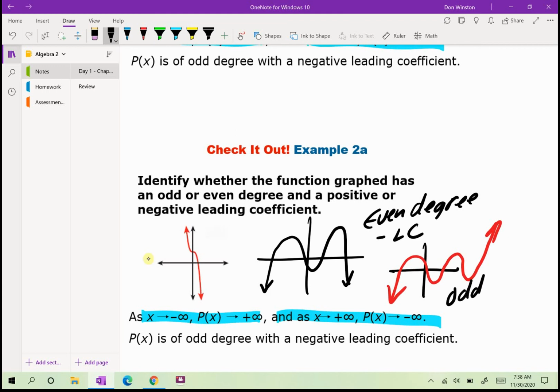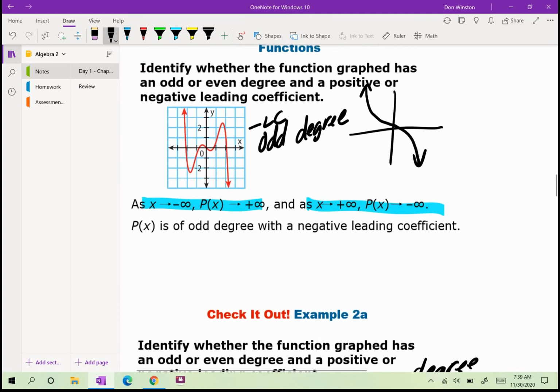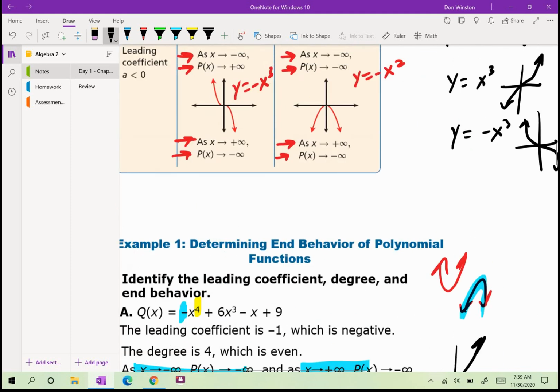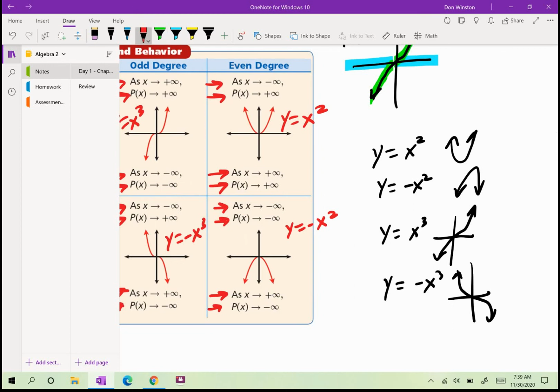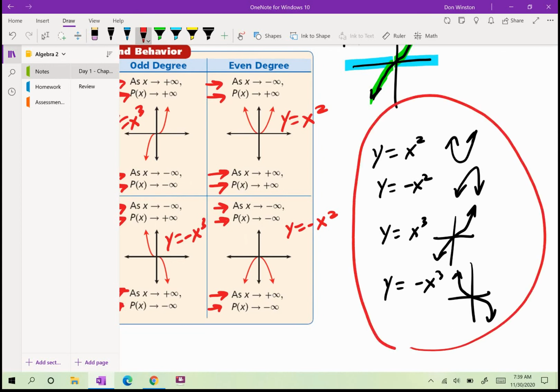It rises on the right and falls on the left. So again, all you really have to do is remember your quadratics or your cubics and what they look like when the leading coefficient is positive or negative.